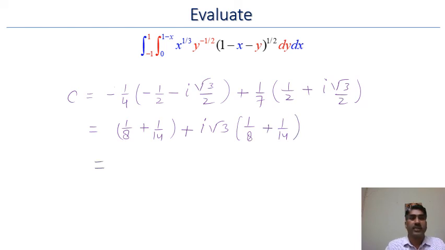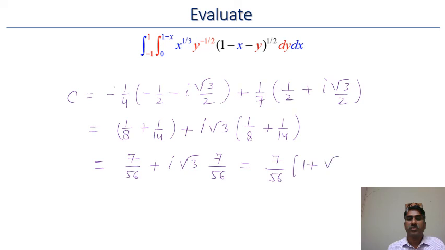So you will get 7 by 56 plus I root 3 into 7 by 56, or you can say 7 by 56 into 1 plus root 3 I. So this is the value of C.